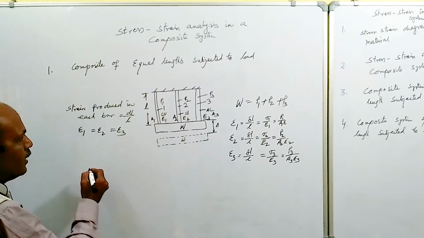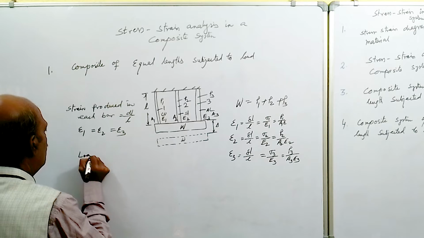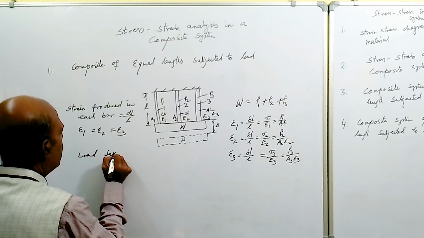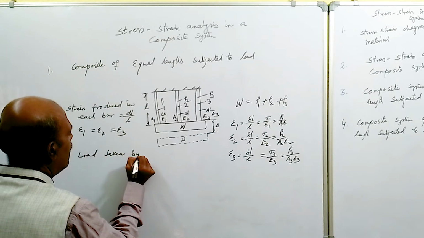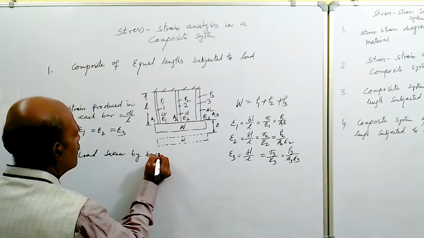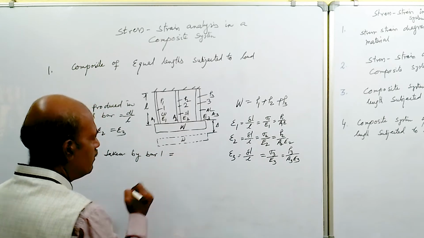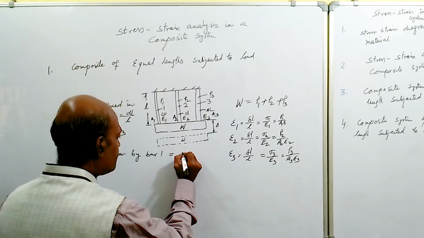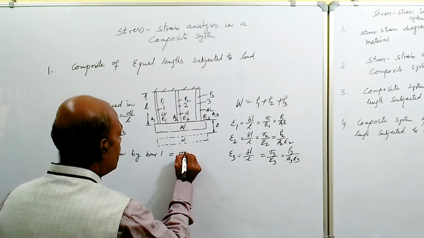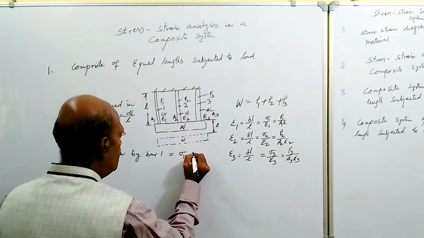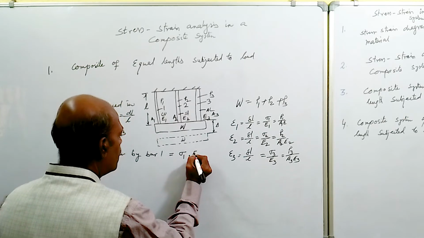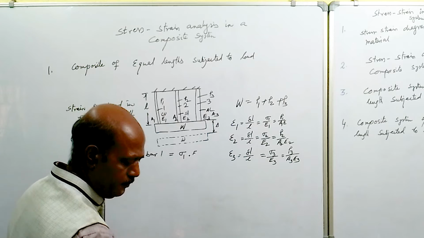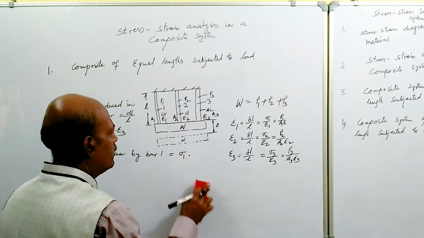So load taken by bar 1, or first bar, is given by sigma 1 into area A1.